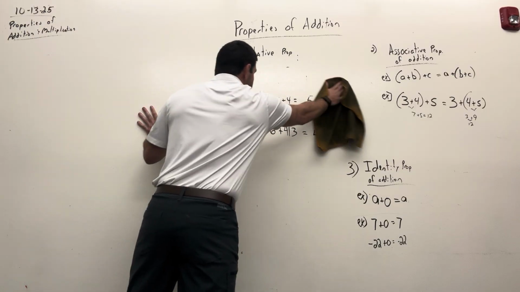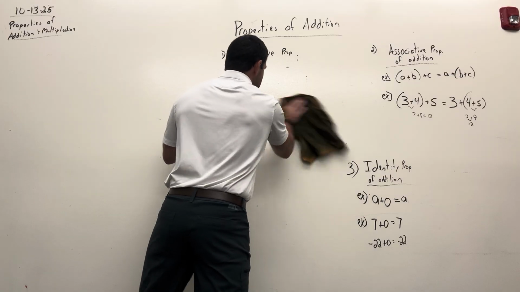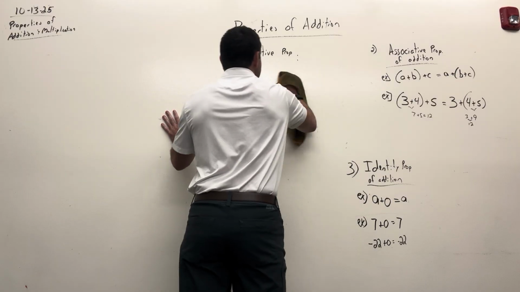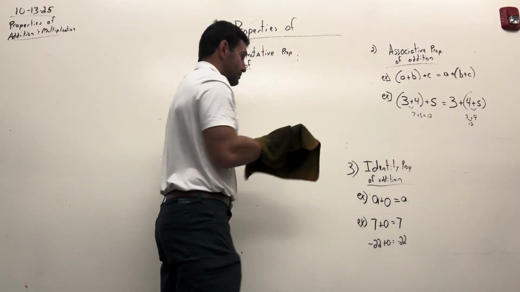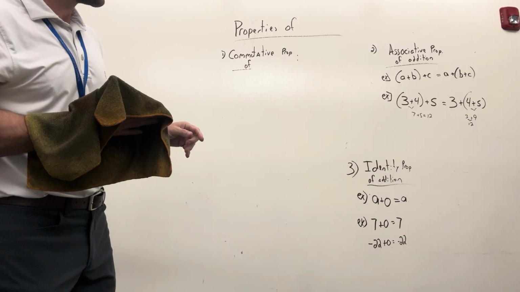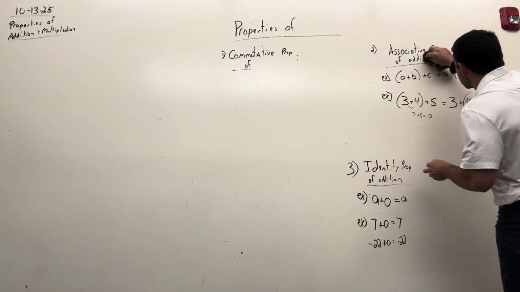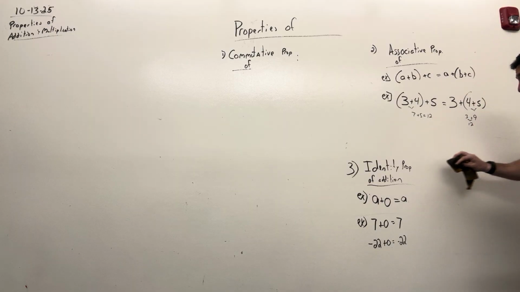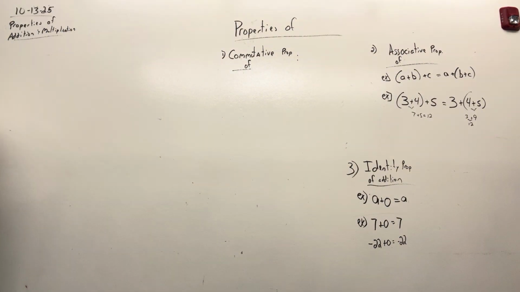Now watch what I'm going to do here. Which one are you on? Associative. Okay, while she's copying down, let's move on.